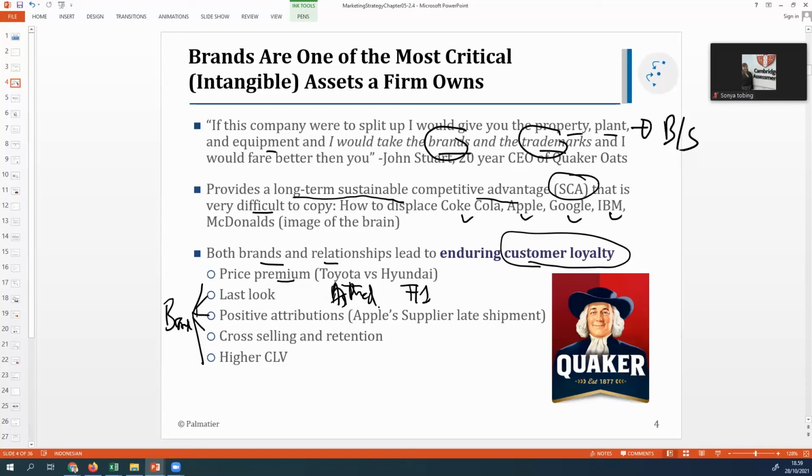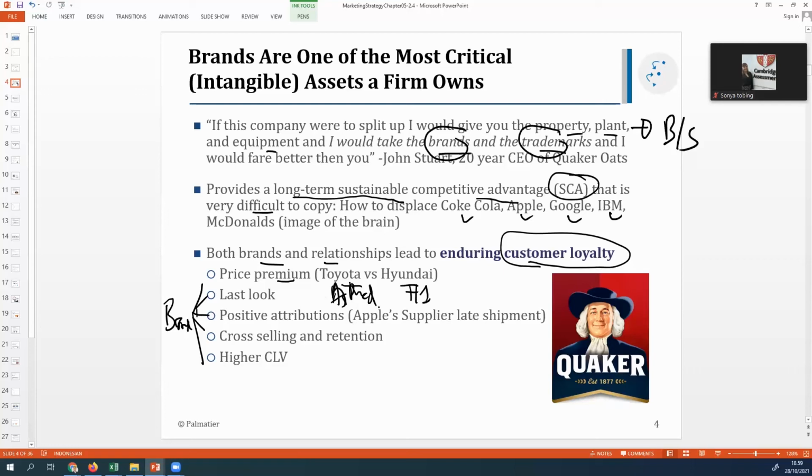People would like to buy Toyota more than Hyundai, because the brand of Toyota is higher than Hyundai, so the brand premium is higher.